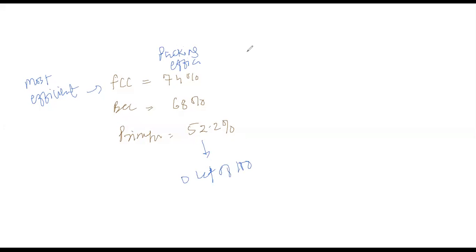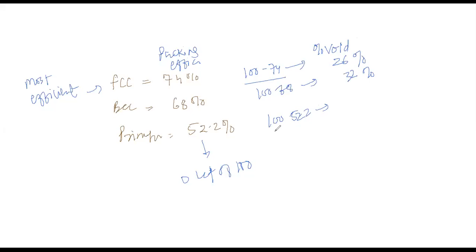So, my dear students, if you want to find out the percentage void, what we can do is 100 minus 74 is the void. Here 100 minus 68 is the void. Here 100 minus 52.2 is going to be your voids. So can you tell me what could be the void for our FCC? 26. 26 what, beta? It's percentage. Okay. Then for BCC, the percentage of void, 32.